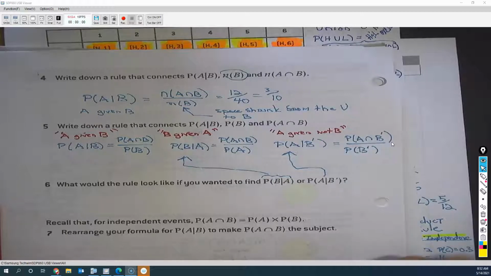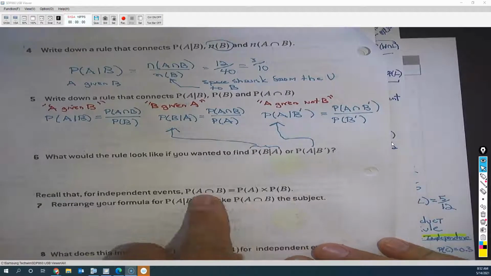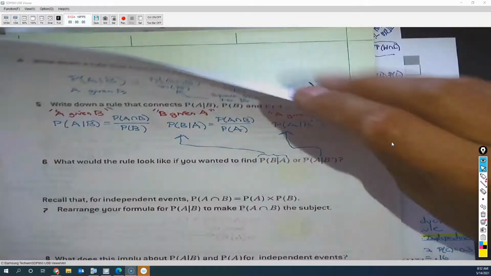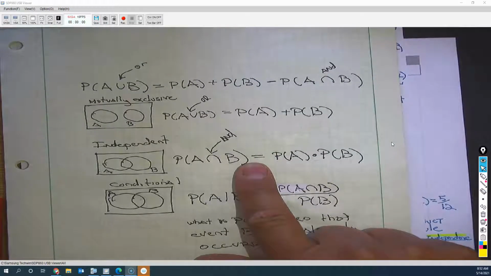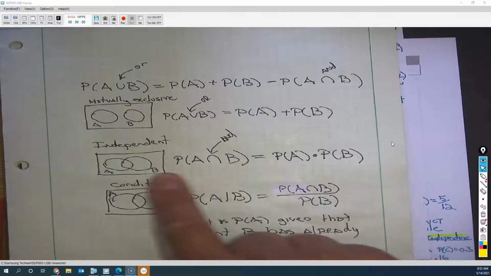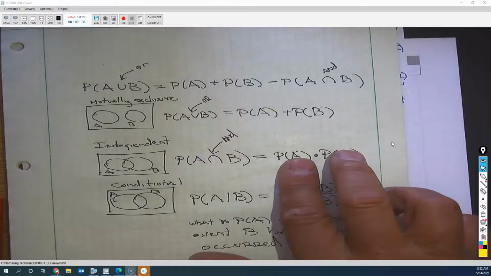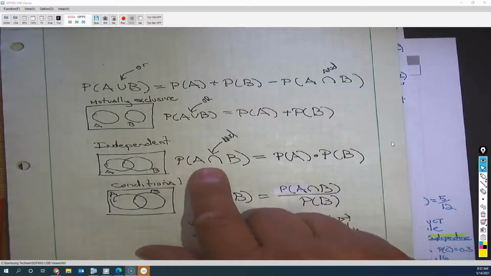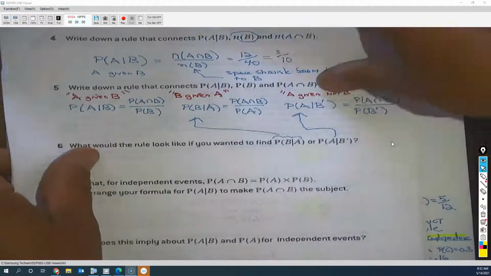Now, when we were doing independent events, we learned that this is true. This was the rule that I wrote down earlier about independent events, right here. And we could use that to test if two events were independent. If we multiply these and we calculate what this is, if they're the same, then you can say the two events are independent.